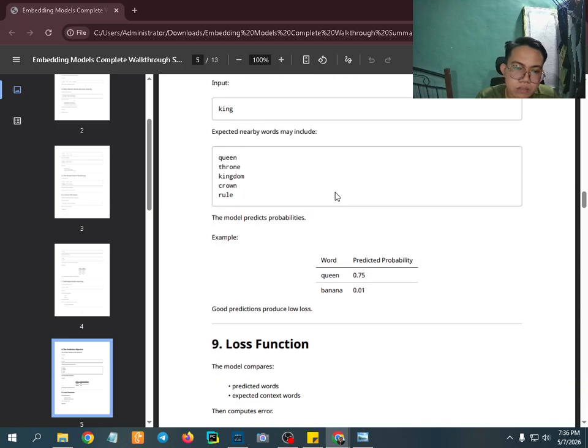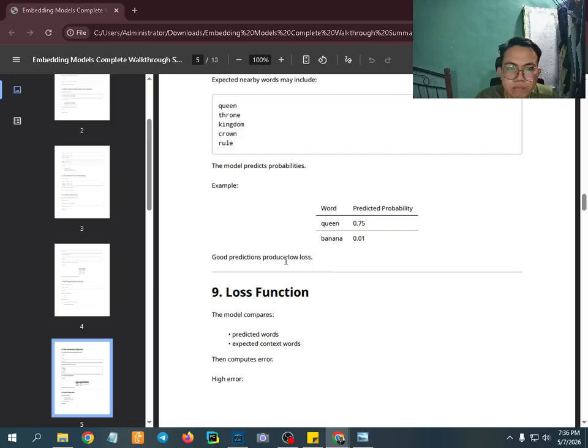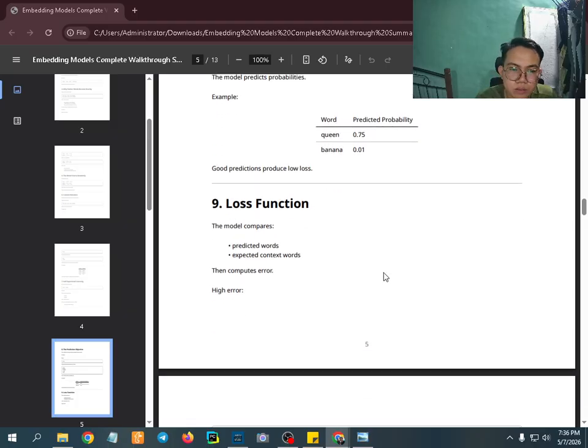So the model predicts probabilities. For example, the word queen would have a higher predicted probability than banana, because the word banana would not appear so much in association with this word. So good prediction produces low loss.